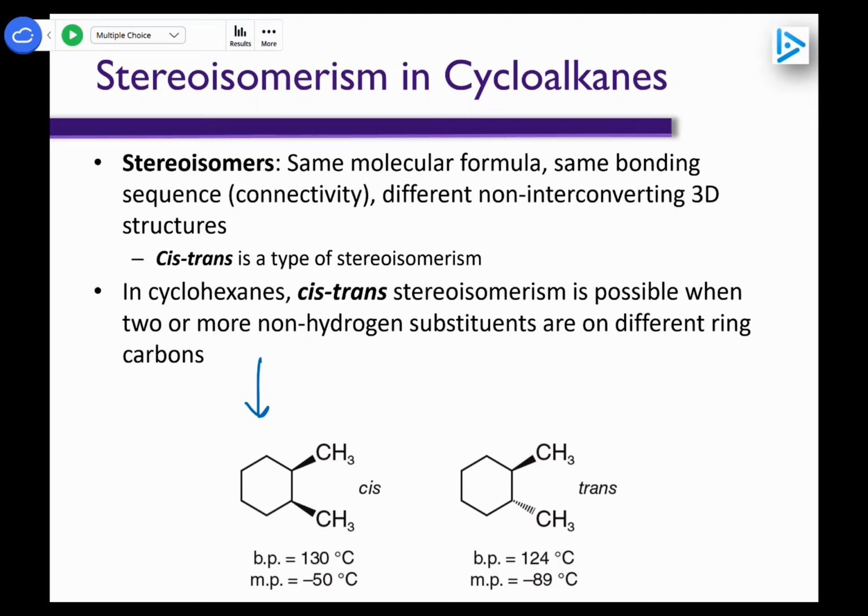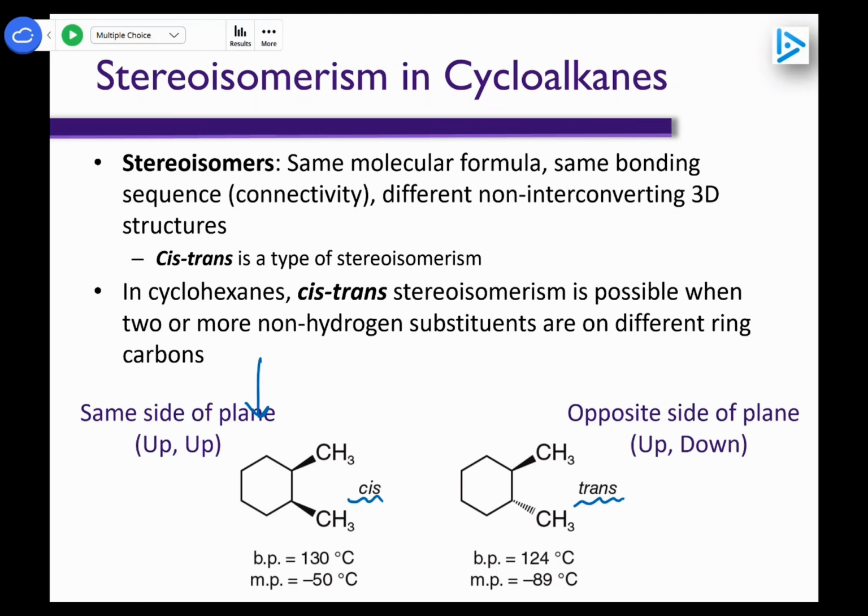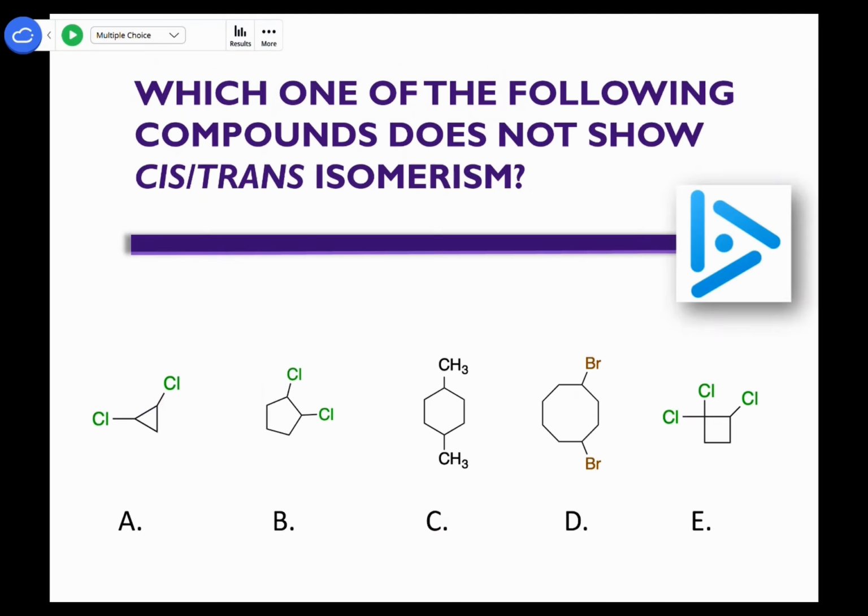So we could draw them with both wedges coming up towards us. We could also draw them with both wedges pointing away from us. In contrast, we could put one up and one down on the trans side, and we would have a different stereoisomer. If we have the option, and changing from towards you to away from you makes a different molecule, that means we have a stereoisomer.